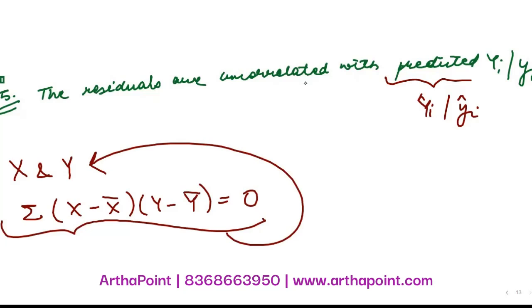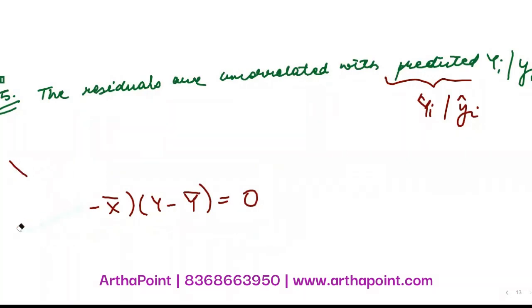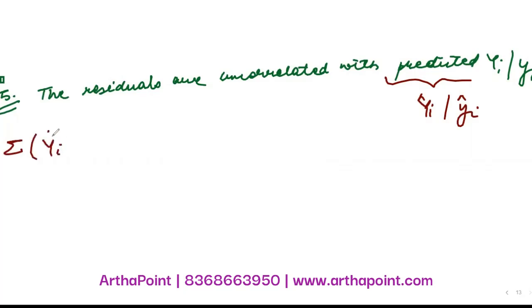So similarly, if I have to prove that there is no correlation between our yi hat and ui, ideally what I have to prove is summation yi hat minus yi hat bar, ui hat minus ui hat bar is 0.